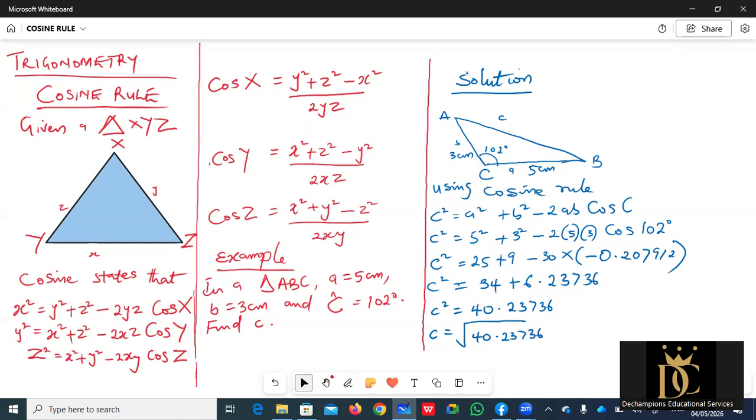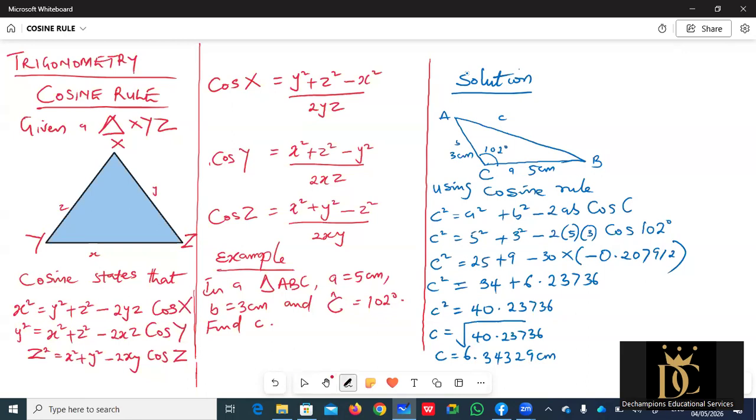Finding the square root of that shows that C in this case will be 6.34329 centimeter.